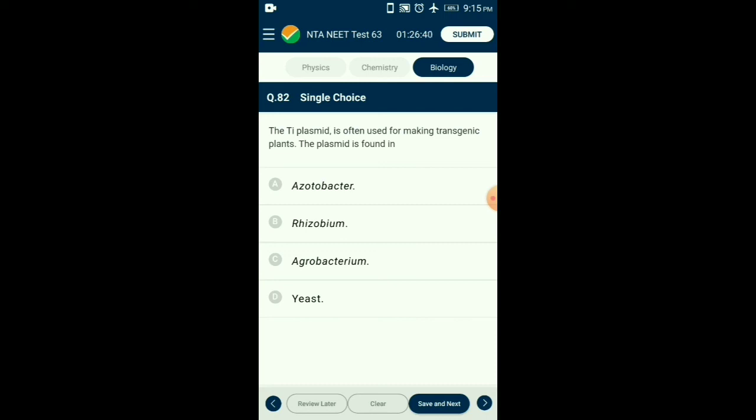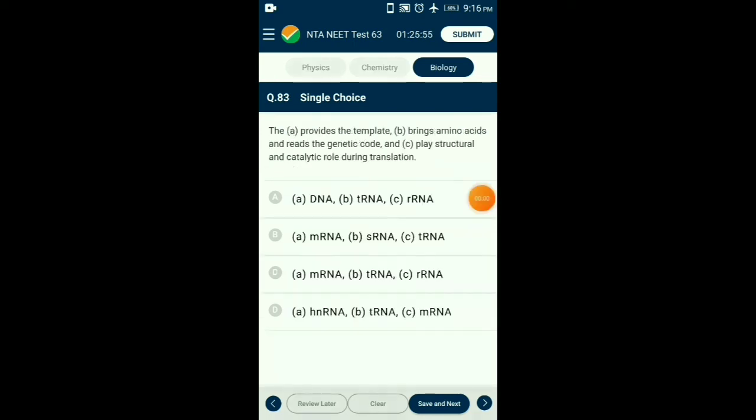This T-DNA with desired DNA spliced into it is inserted into the chromosomes of the host plant, where it produces copies of itself by migrating from one chromosomal position to another at random. So the answer is option C, Agrobacterium tumefaciens.